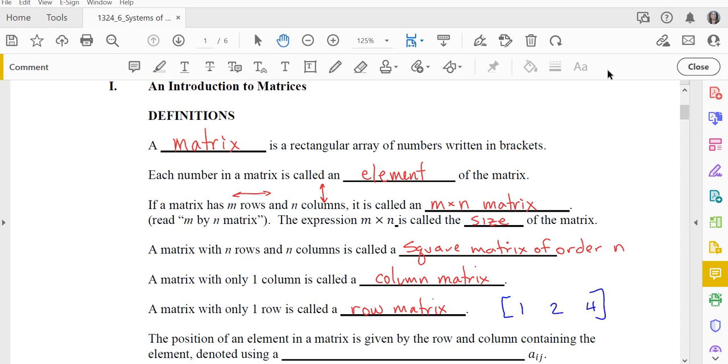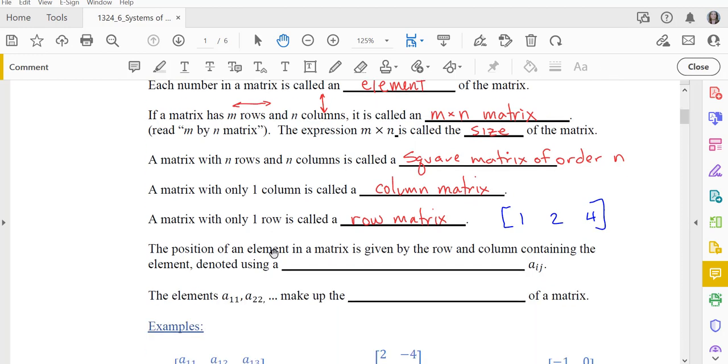That's a row matrix. It's a 1 by 3 matrix. Do you see that there are 3 columns? The first element, in the first row, first column, is a 1. That's an element. Each one of those entries is an element.